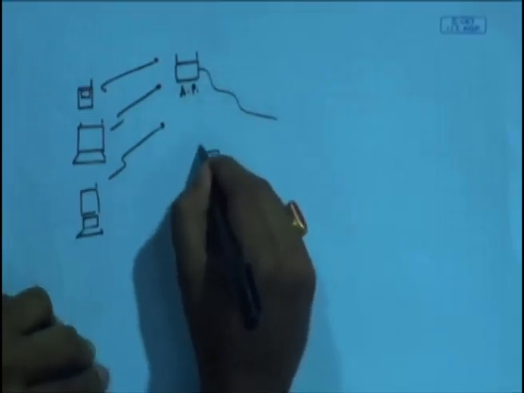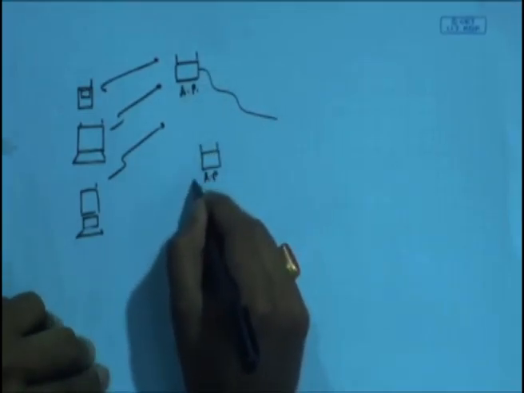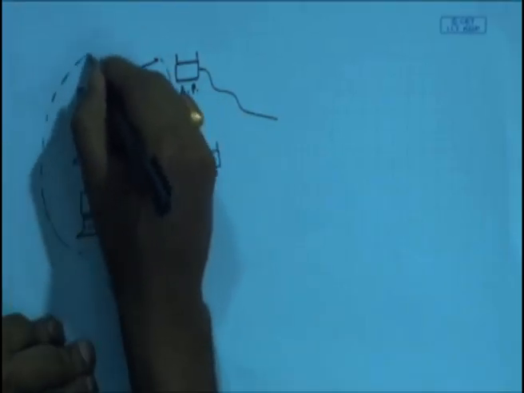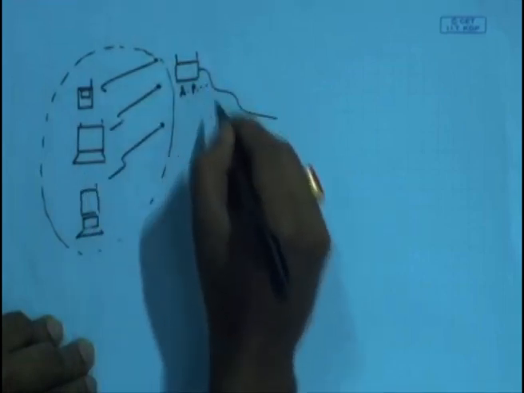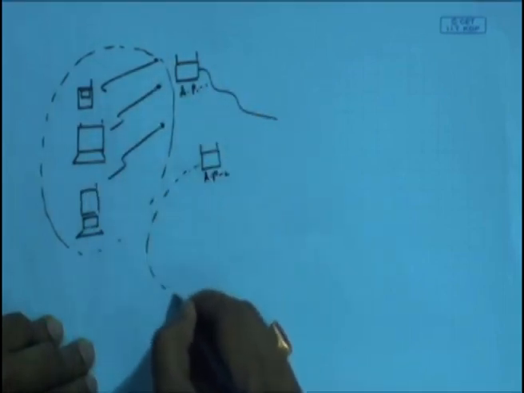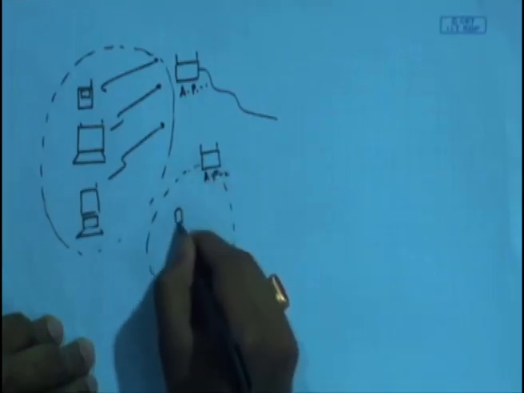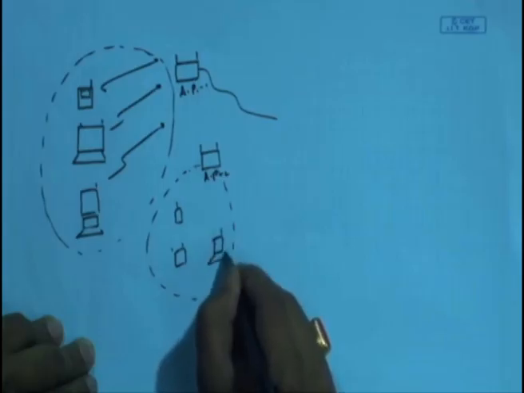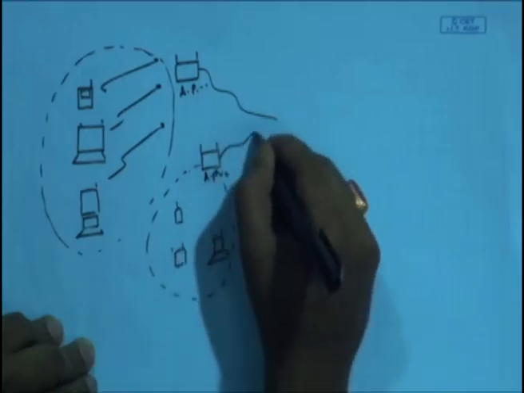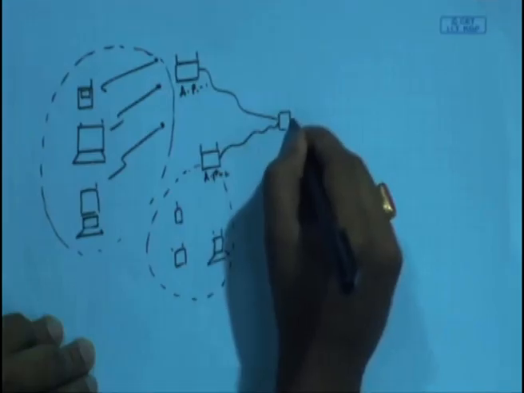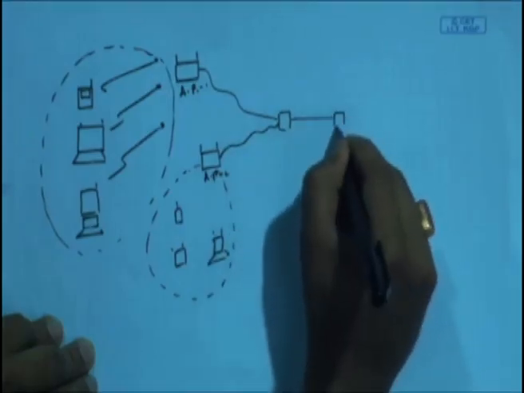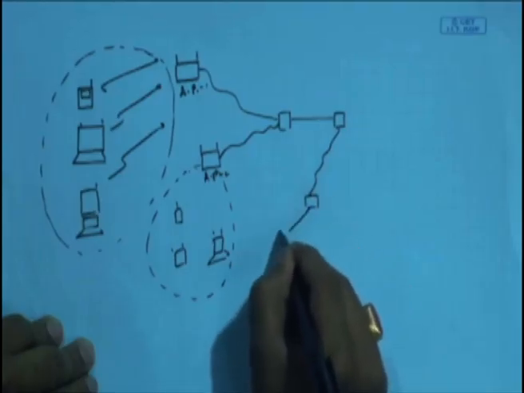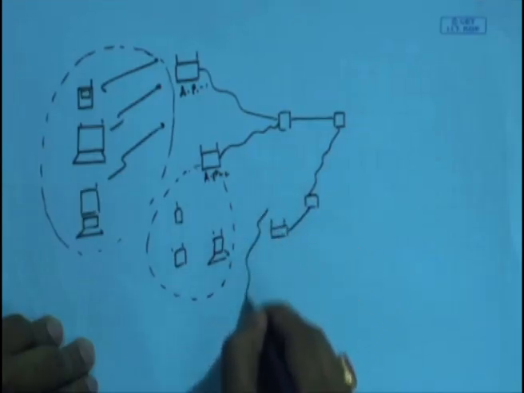Similarly, there could be other access points in the vicinity covering another region. This is the coverage region of access point 1, let us say. There could be a coverage region for access point 2, and so on. These could be connected to some router, further network nodes. In this way, you could cover quite a large area.